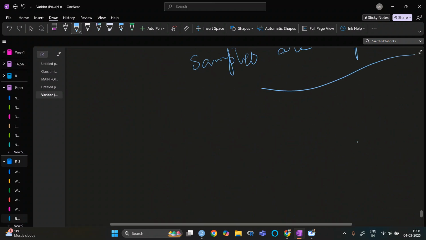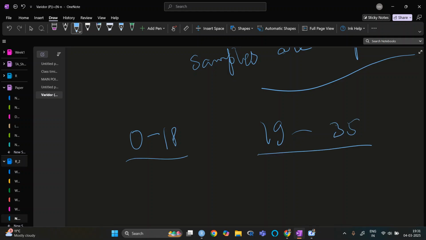Let's say I'm taking ages 0 to 18 and 19 to, let's say, 35, and I'm working on some disease. These are different, so covariance among them is 0. But if something like this happens, let's say I'm taking 0 to 20 and then here comes 15 to 35, then there is something which can be in both of these. At that time we need the covariance.